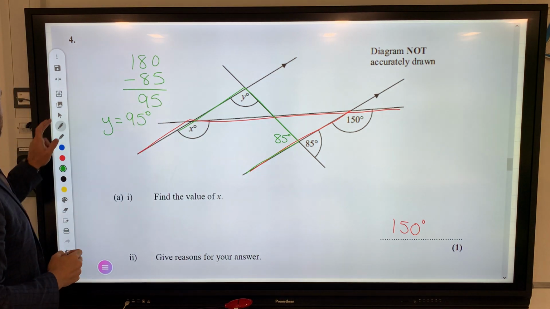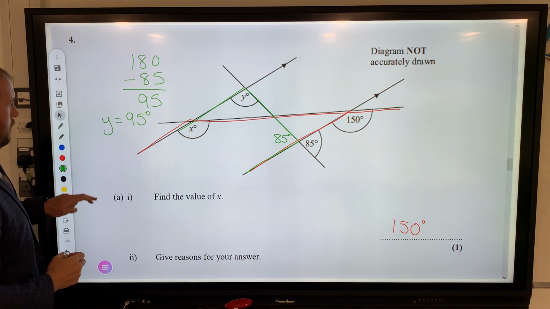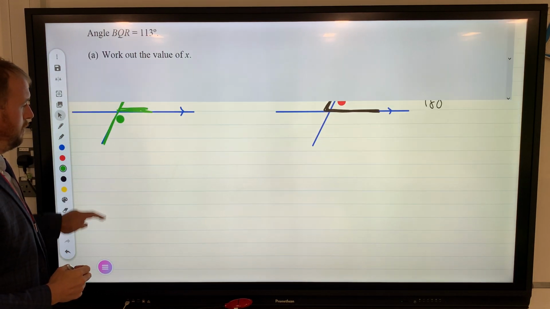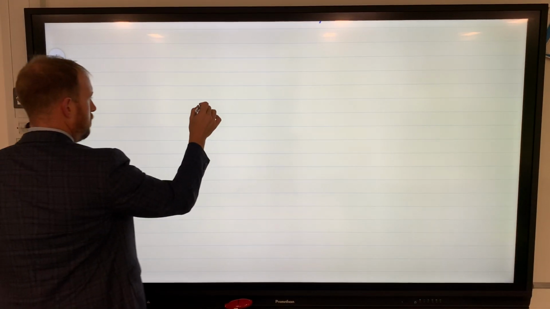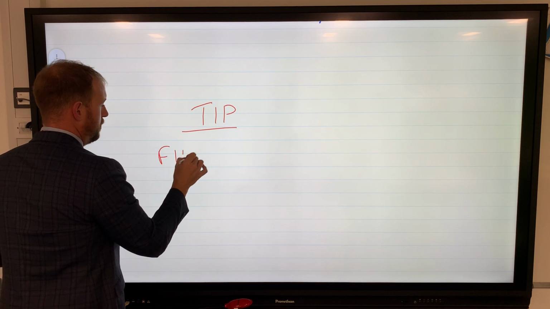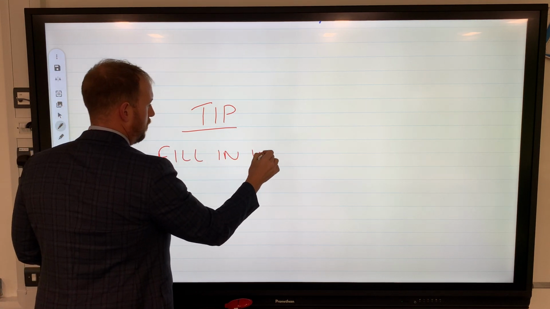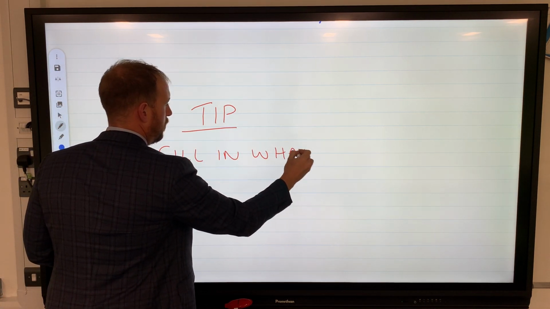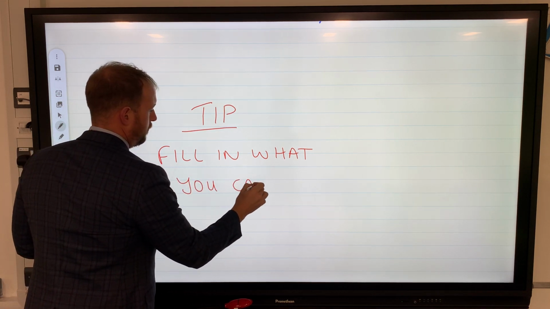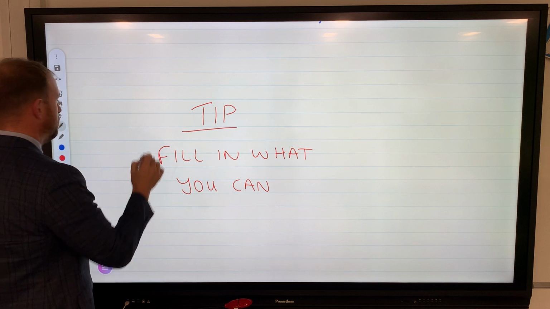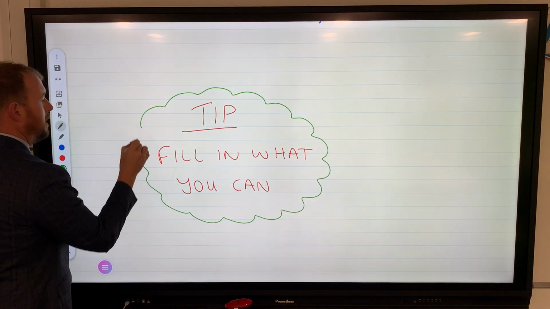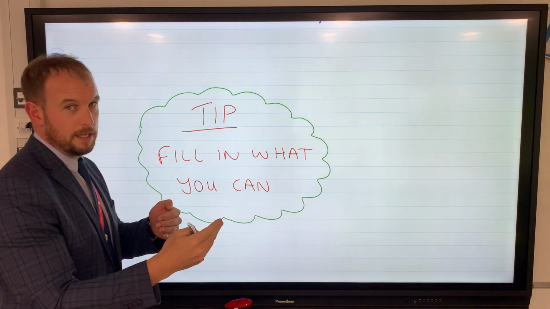So my biggest tip for you, if I scroll this up here, my biggest tip, fill in what you can. And you'd be surprised, just fill in a couple of blank angles, you'll be able to make your way closer to the letter that they're asking for.